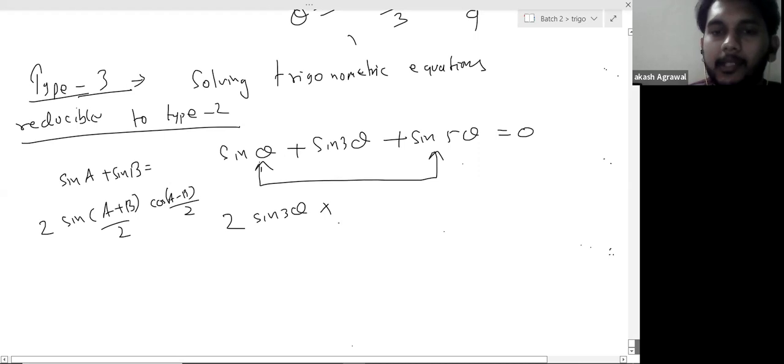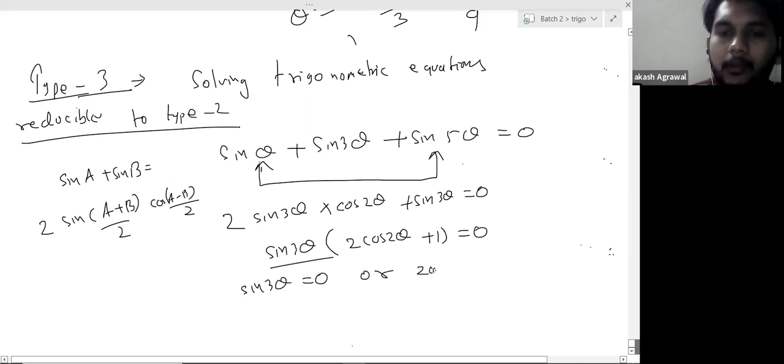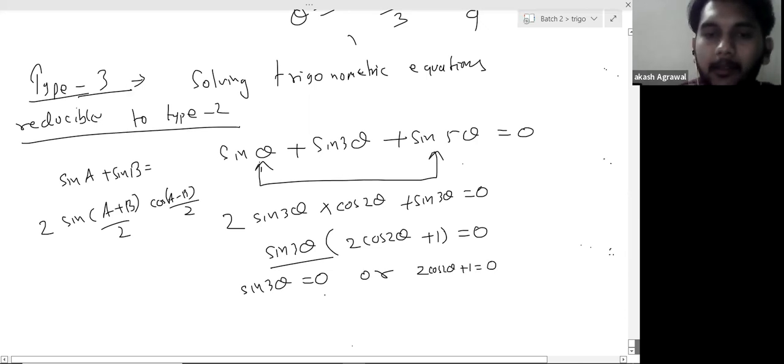So (5 theta minus theta) by 2, 4 theta by 2, is cos 2 theta, plus sine 3 theta equals 0. Taking sine 3 theta common here, we can write sine 3 theta times (2 cos 2 theta plus 1) equals 0. So from here we can say either sine 3 theta is 0 or 2 cos 2 theta plus 1 equals 0, right? And this is type 2. You can solve this very easily.